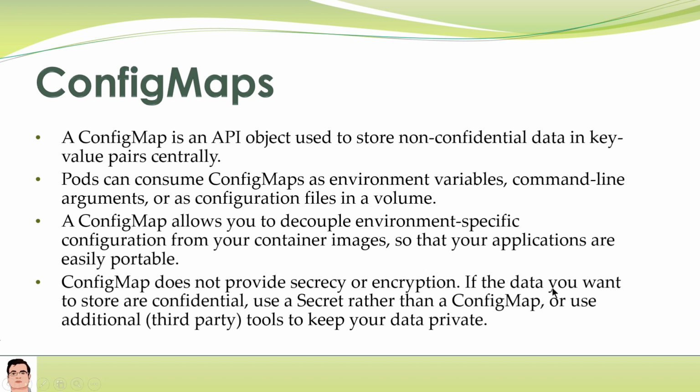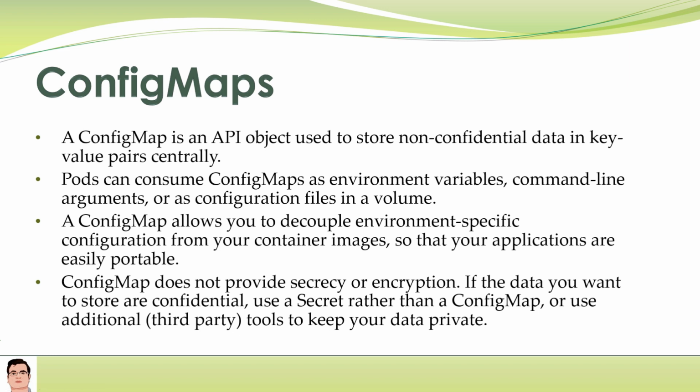So if the data you want to store is confidential, use a secret rather than the config map. Definitely, if you have to hide something or you want to use credentials like the password for the services, the password for the database, anything that you want to keep confidential, you can use secrets, not the config map, or use additional third-party tools, like the AWS secrets services.